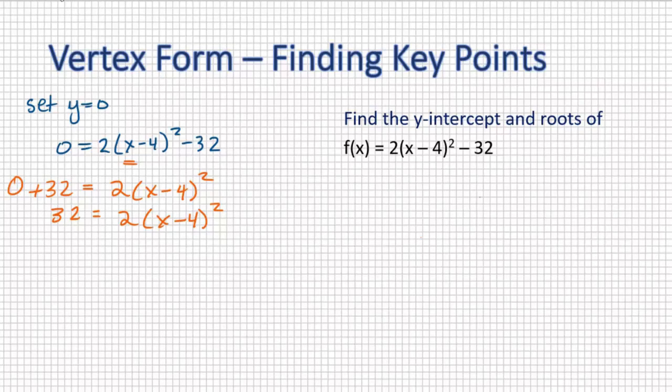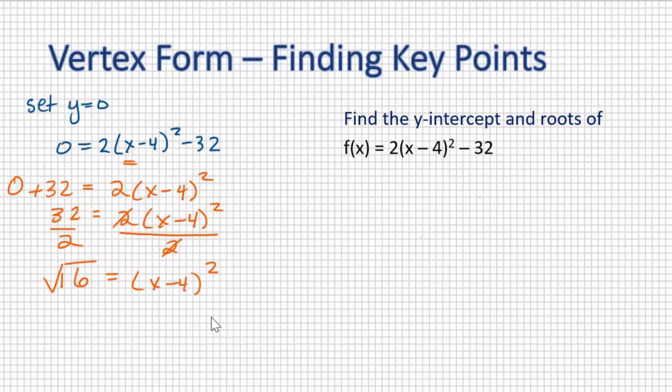To remove the 2 from the right-hand side, we can divide both sides by 2. 2 divided by 2 eliminates it from the right-hand side, and we're left with 16 on the left-hand side. So 16 is equal to (x minus 4) all squared. To undo the squaring of the binomial, we're going to take the square root of both sides.